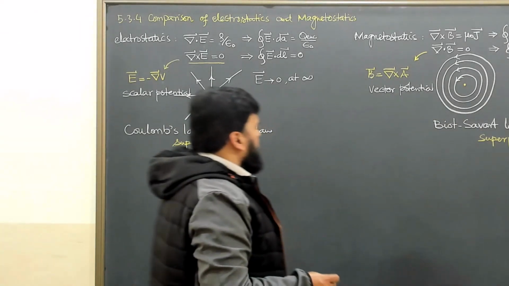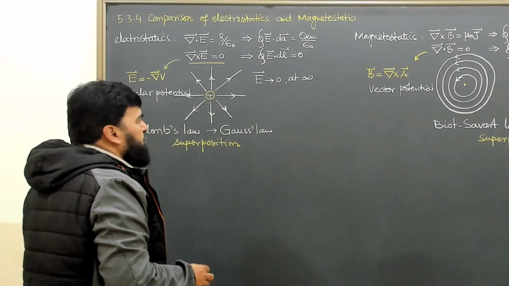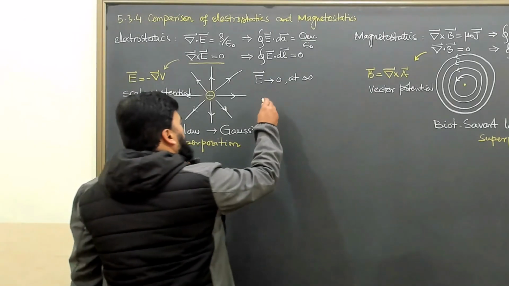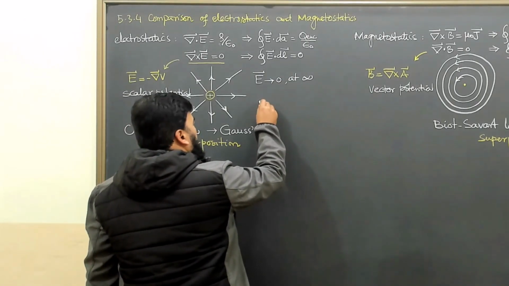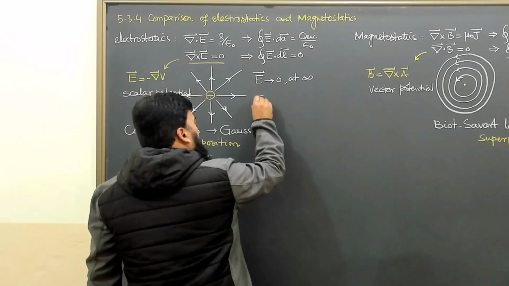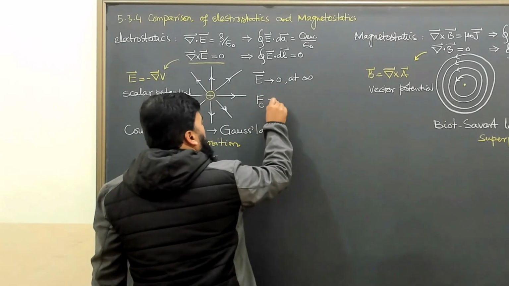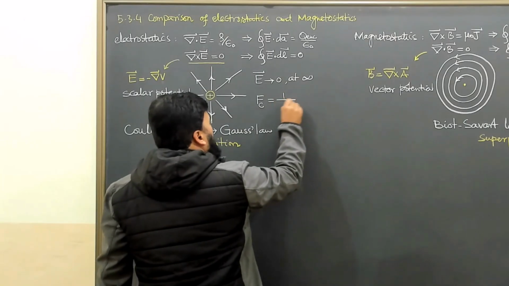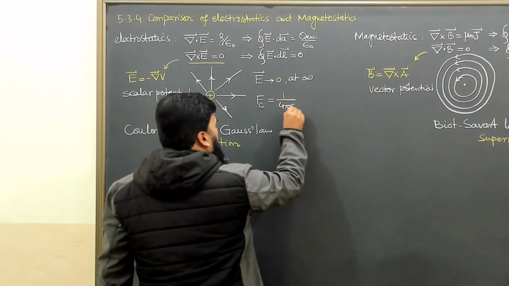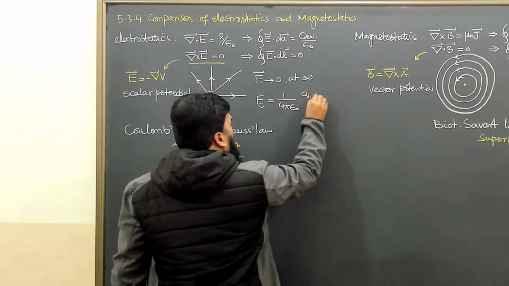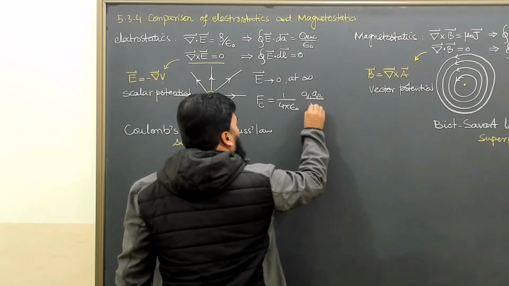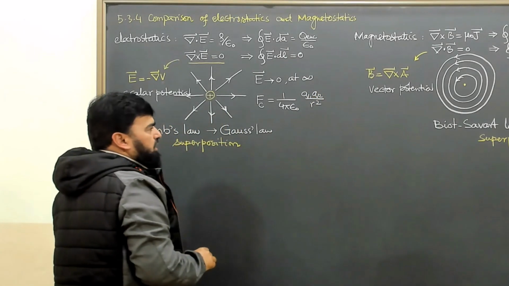Now let's compare the strength of the two here. We know that the force between two charges, which is a Coulombic force, is 1 over 4 pi epsilon naught, Q1 Q2 over R squared.